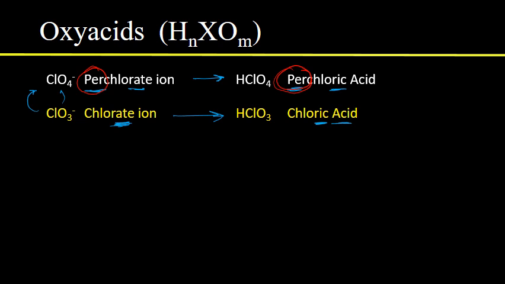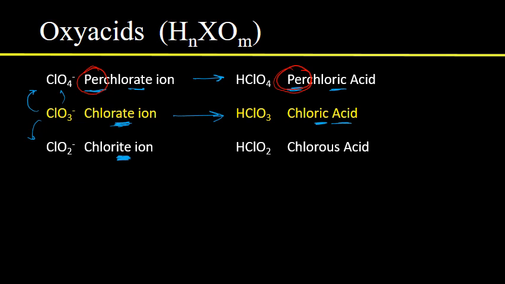And as we did before, we can reduce the number of oxygens by 1 to go from ClO3 to ClO2. And when we do that, of course, we get chlorite. So now our suffix changes. And for the corresponding acid, the suffix here also changes. So we go from chloric acid to chlorous acid.